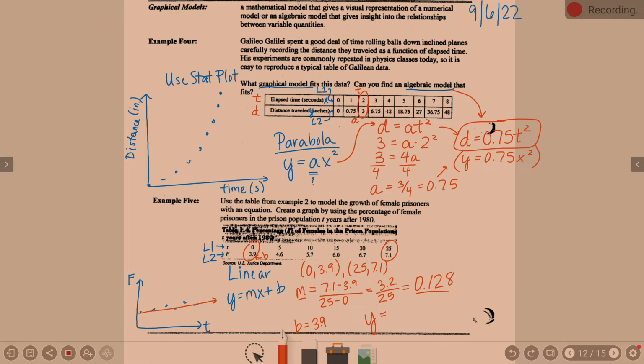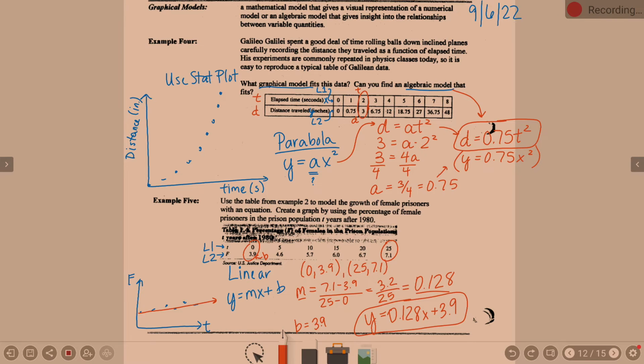Y equals 0.128x plus 3.9. Officially, did they give us other variables other than x and y? In the table, it was labeled as t and f, wasn't it?